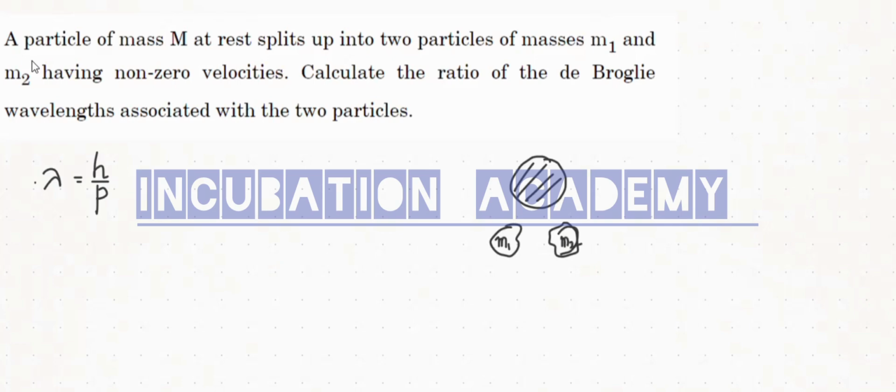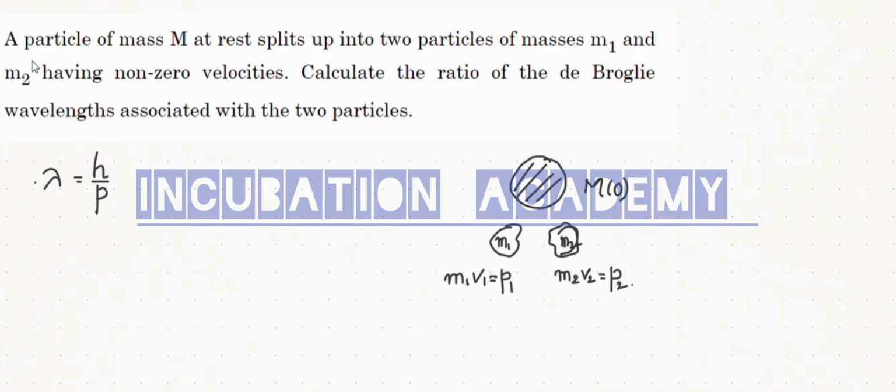Now when it splits off, the initial momentum before this division is capital M multiplied by 0. And m1 multiplied by v1 is the momentum of the particle of mass m1, which we can say is p1. And m2 multiplied by v2 is the momentum of the particle of mass m2.